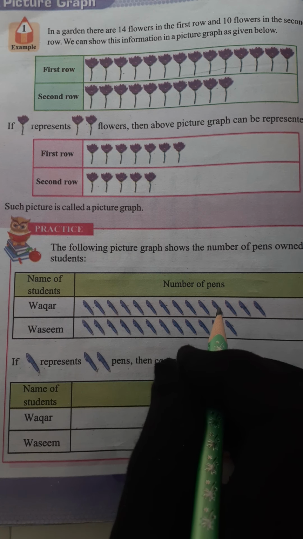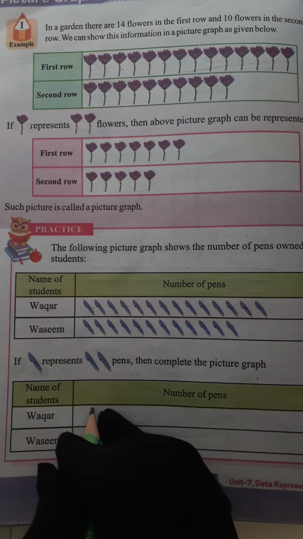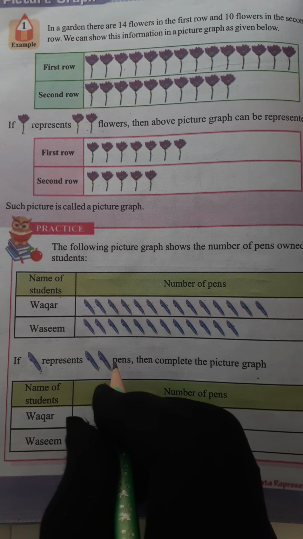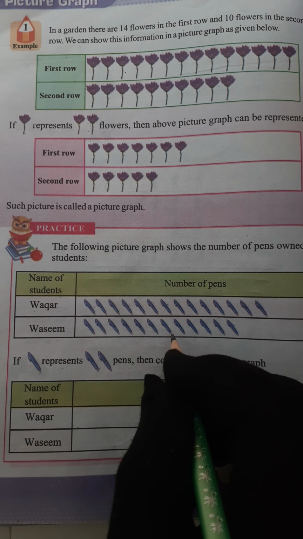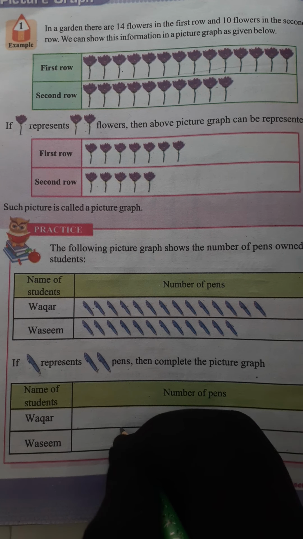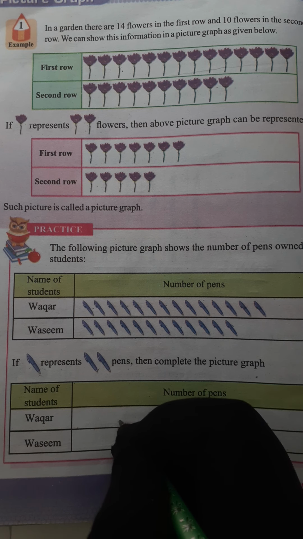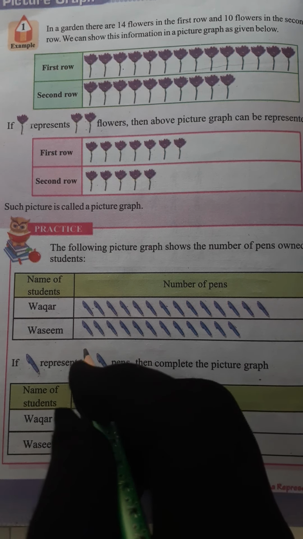If you draw 7 pens, it means 14, and if you draw 6, it means 12. Clear? Easy? That's good.